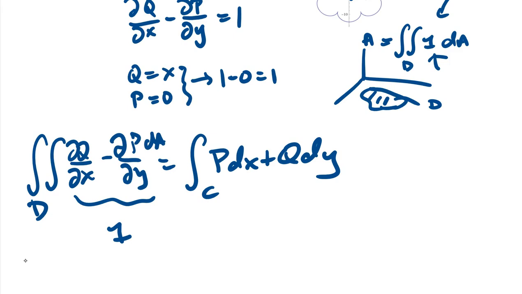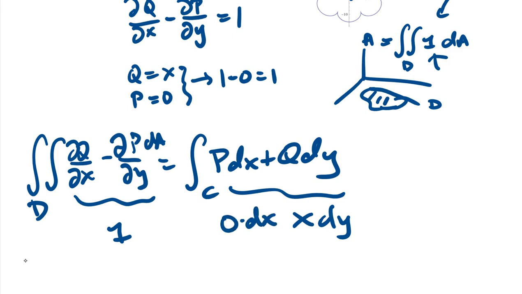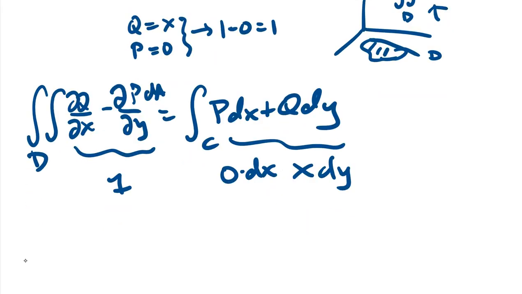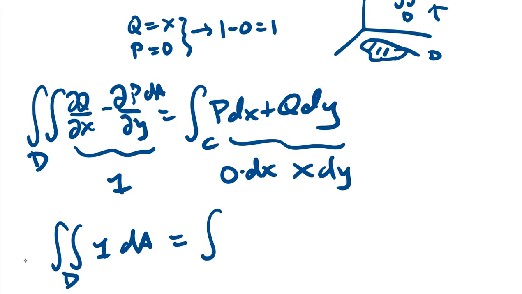And now Q is x, so we get x dy. P is 0, 0 dx. So we get this double integral of 1 dA over D is just the integral of x dy over C.